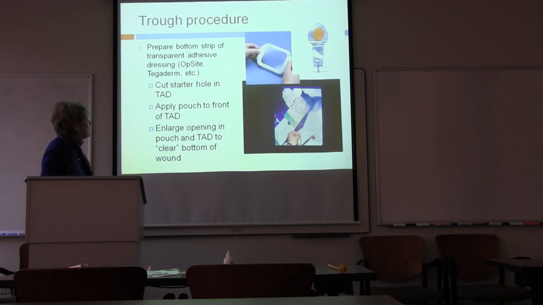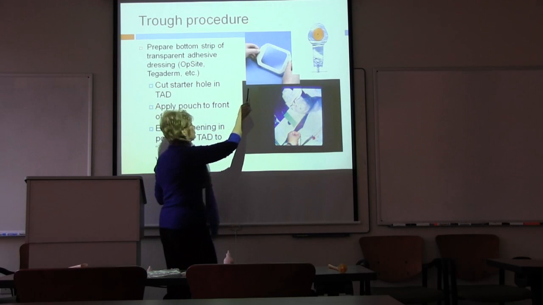Now you have to get your bottom strip of transparent adhesive dressing and pouch ready. It doesn't matter whose strip you use, whether you use oxide or you use negative pressure wound therapy drape or you use Tegaderm or BioClusive, doesn't matter.